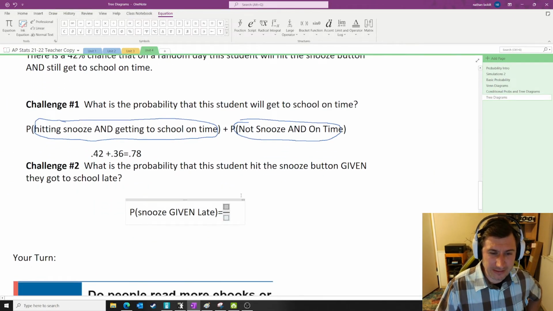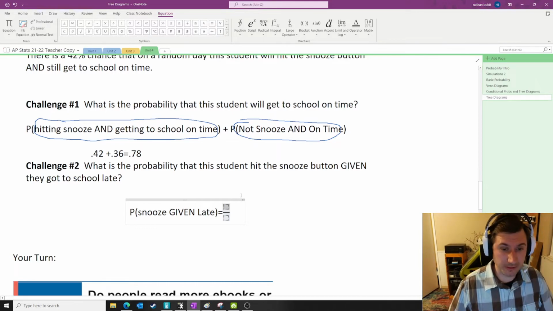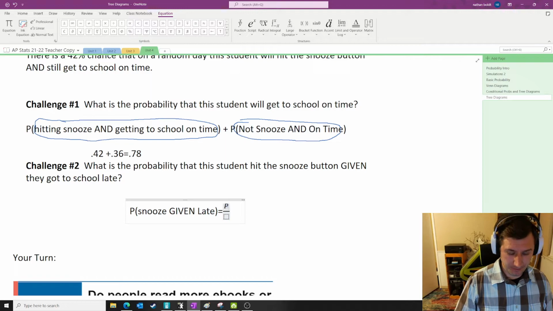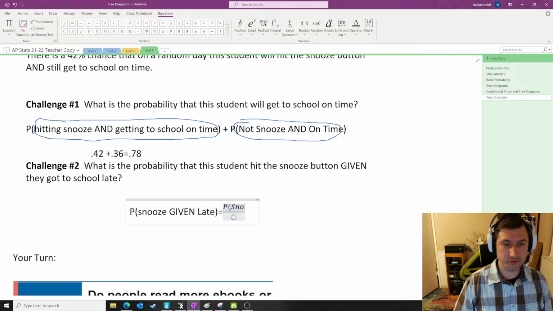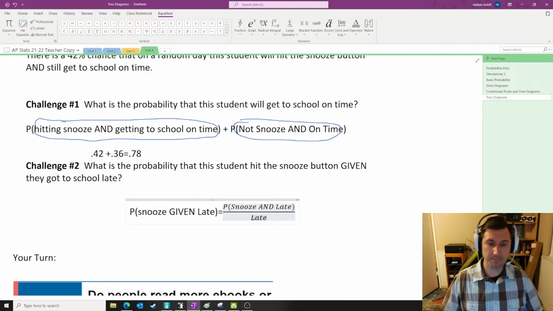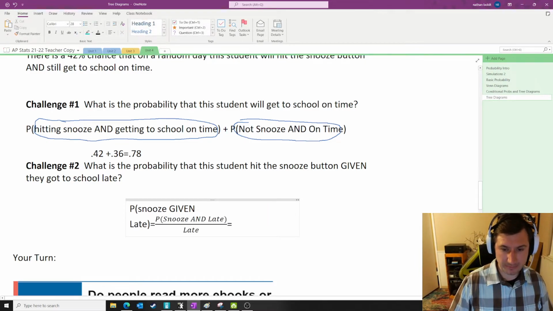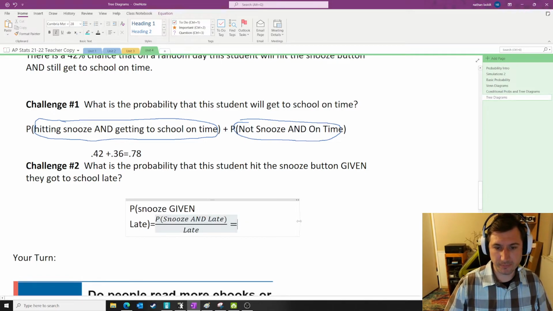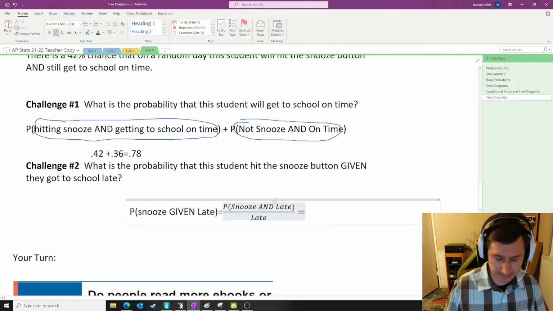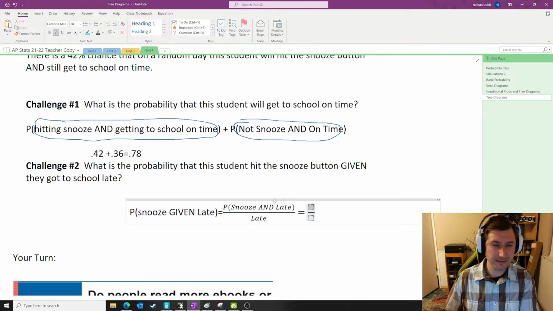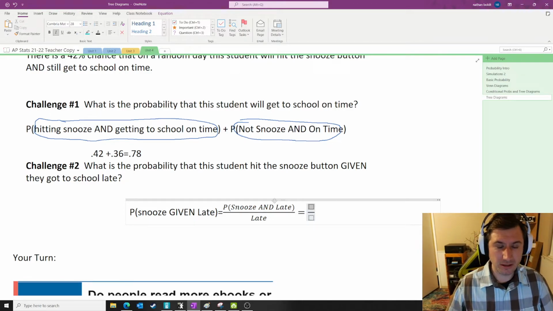Well, I think the easiest way is to go back to the formula. The formula says that a given probability is the probability of both of them, so snooze and late, divided by the probability of being late. All right, so what will that be? Well, the top one is easy, right? Because snooze and late, we can just multiply on our tree diagram.